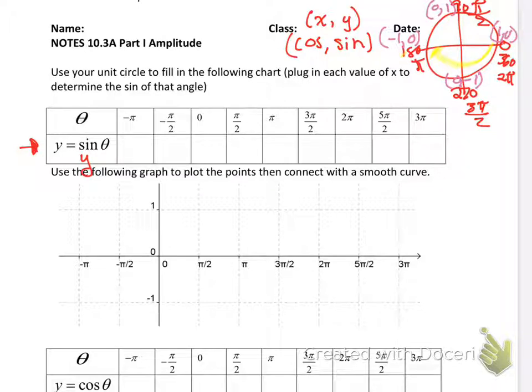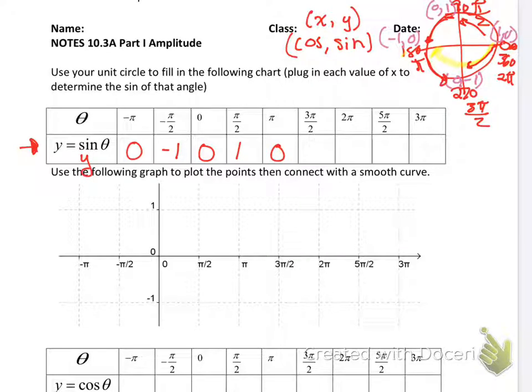So at negative pi, going backwards to 180, my y value is 0. At negative pi over 2, which would be right here, my y value is negative 1. At 0, which is right here, my y value is 0. Pi over 2 is right here. My y value is 1. Then I'm at pi. My y value is 0.